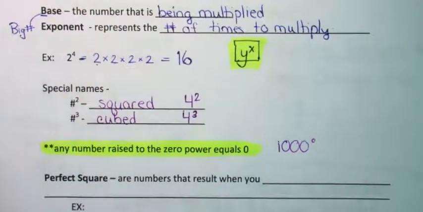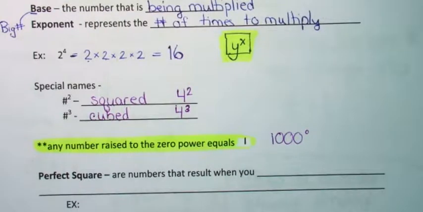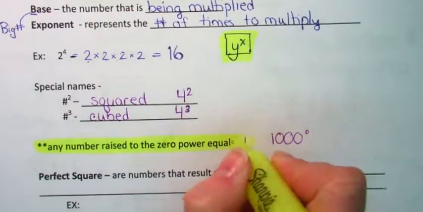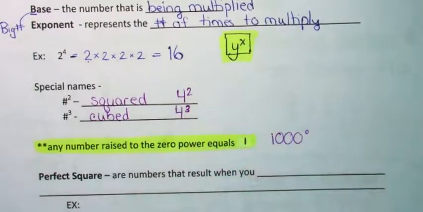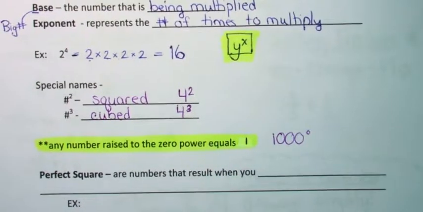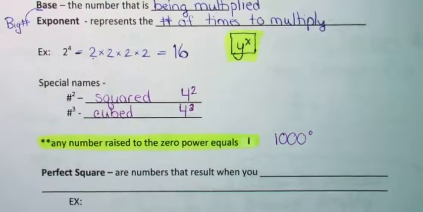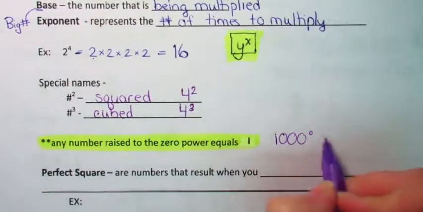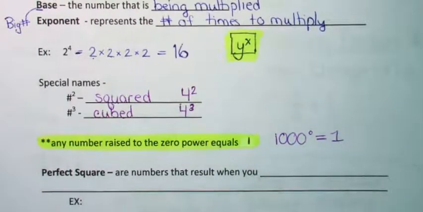I made a typo, that should say 1. And I fixed that. If you want to borrow my whiteout, raise your hand, or if you just want to scratch it out, it should equal 1. So 1,000 to the 0 power equals 1. Any number raised to the 0 power equals 1.